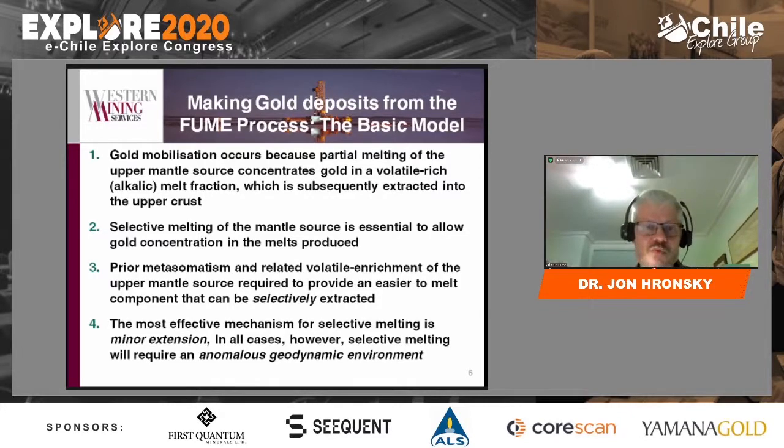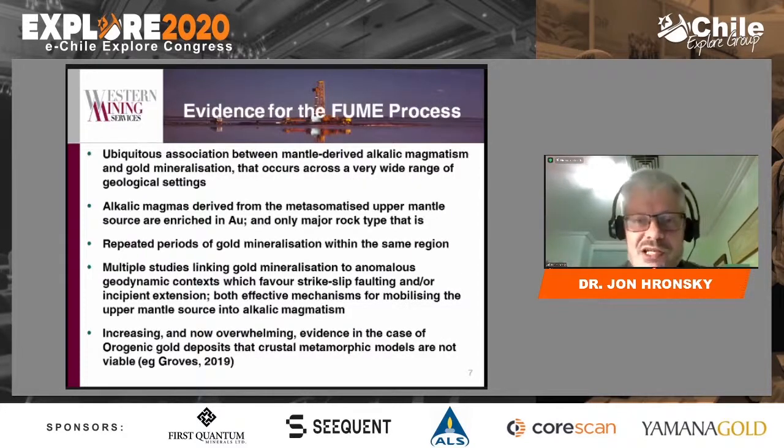So why do we think this is the process that is important in gold deposits? Well, there are a number of reasons, and these are the observations that we make when we look at gold deposits as a collective group. The problem is that much of the research on gold deposits breaks them up into little boxes and gets focused on little categories.